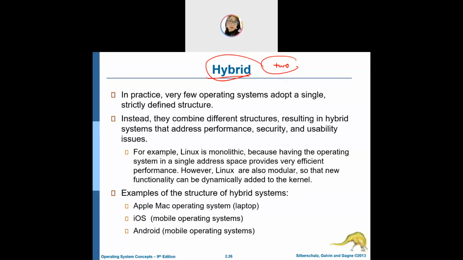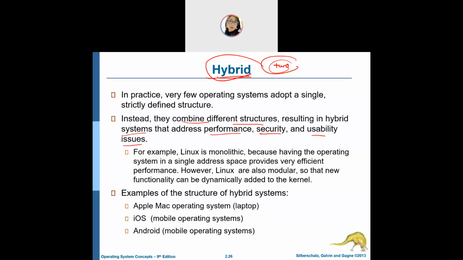It is not only similar things, but when you merge or integrate two things in one system, it is called hybrid. They combine different structures, resulting in a hybrid system that addresses performance, security, and usability issues.